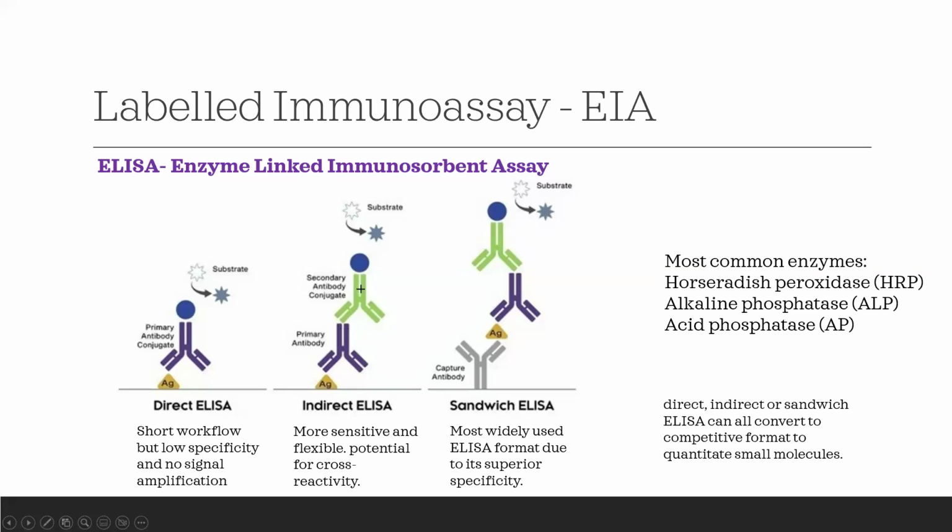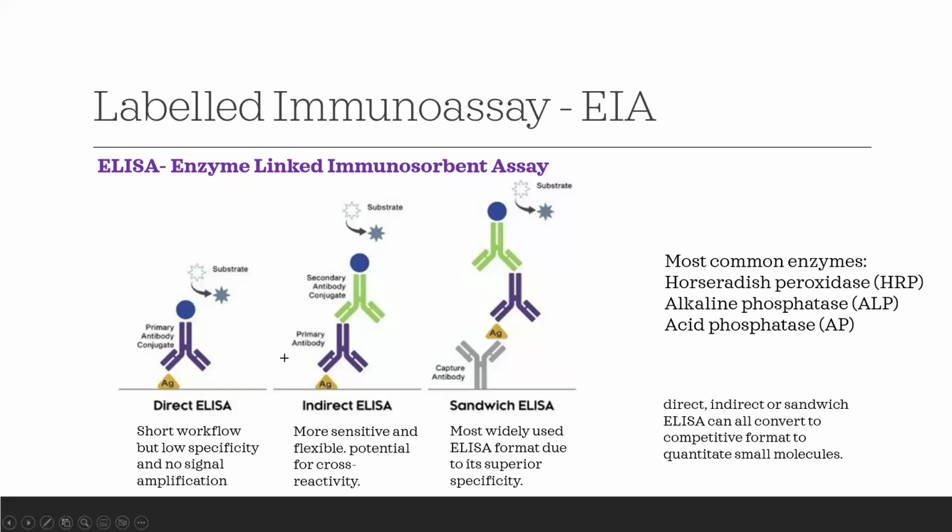Then we introduce the secondary antibody that's able to bind with the primary antibody, and the secondary antibody is conjugated to the enzyme. When we add the substrate, the enzyme can do its reaction and let the substrate change color. So indirect ELISA is more sensitive and flexible than the direct ELISA.